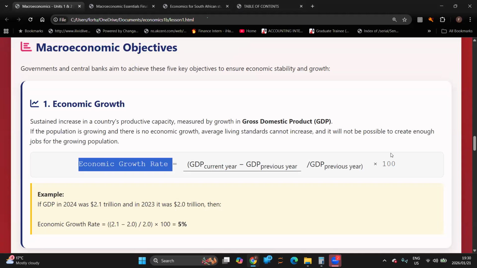So for the growth of the economy, the first one talked about population, that you're having an increase in the population. So in order for you to accommodate the increase in the population, you also need to have a growth in the cake size. Obviously, when you're having an increase in the number of individuals without the growth of the economy, you're likely going to soon find you'll be having a problem with unemployment.